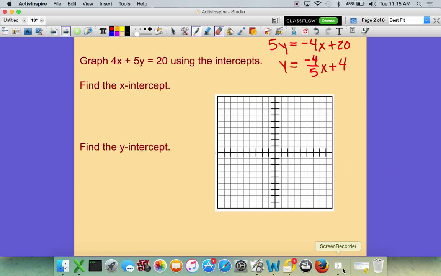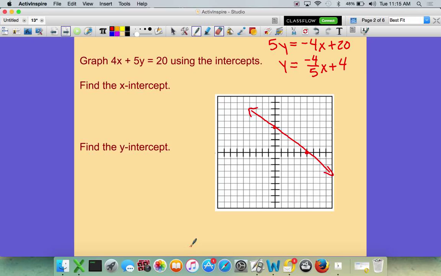There's our equation, but because of that fraction, that's kind of messy, isn't it? But what we could do is, our y-intercept is 4, so that's going up 4. And then our slope is down 4 over 5. Well, that's one way to get our line. If it just said graph it, there you go.